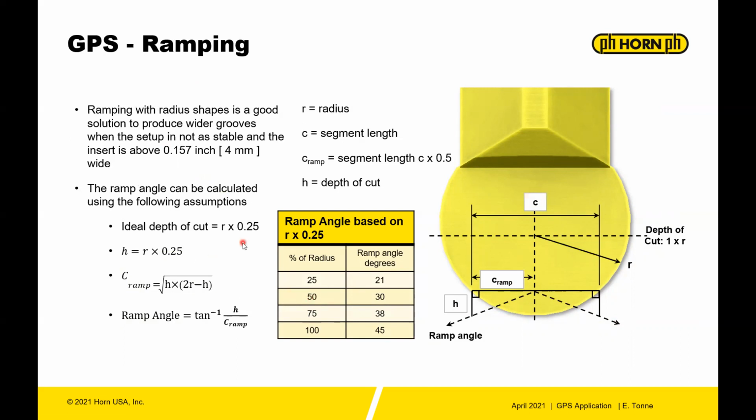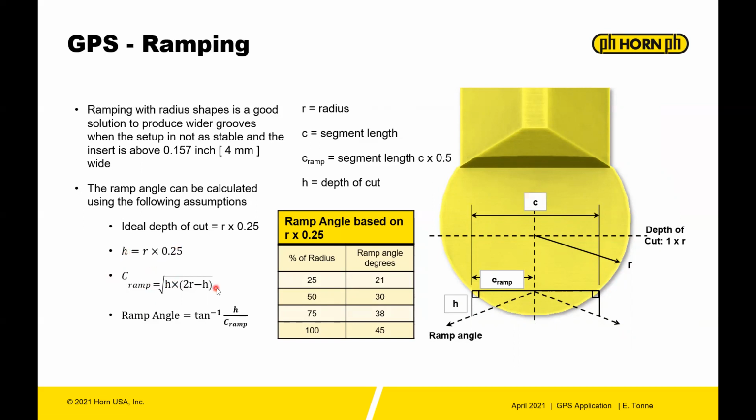If we assume the ideal depth of cut is your radius times 0.25, and we use the same example inputs as before, you first have to calculate your H, which is your depth of cut. So that gives you your depth. Then your C ramp value.